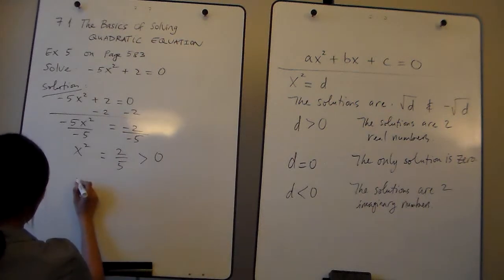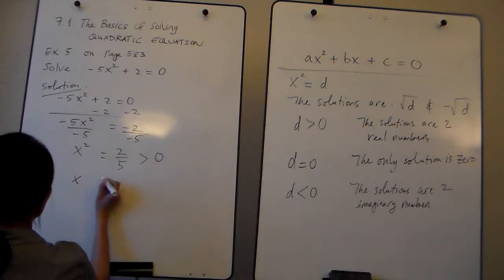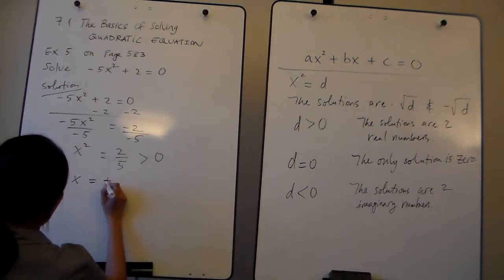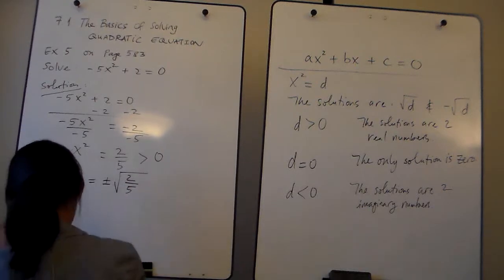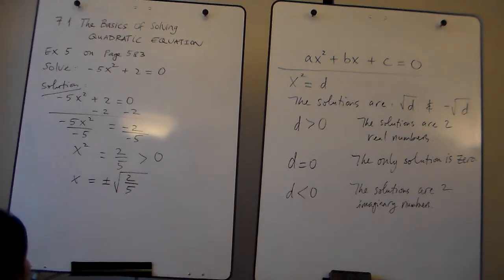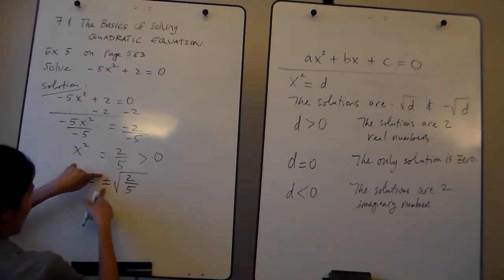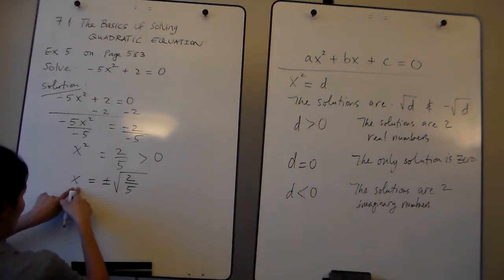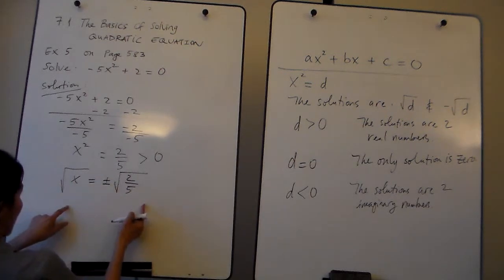To solve for this, x equals plus or minus square root of 2 over 5. I take the square root of both sides of this equation, and x is either positive or negative, because I don't know if x is positive or not, since I'm taking the square root on both sides.